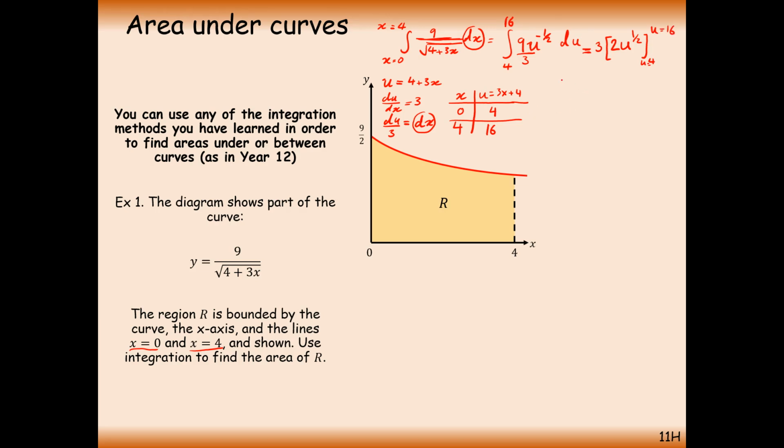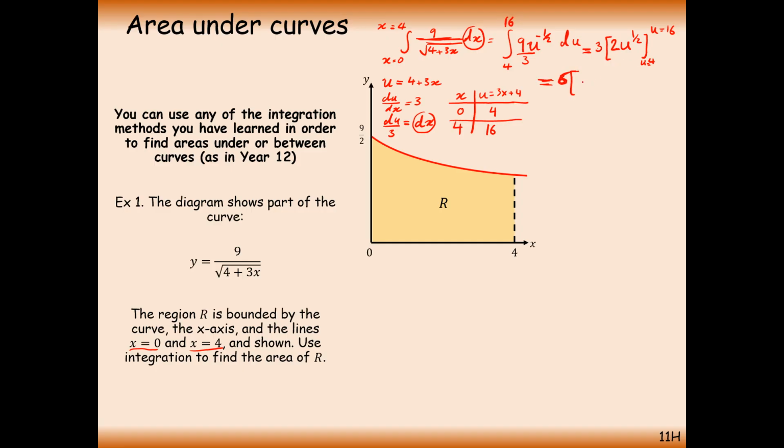Now I can substitute the limits into the definition of the integral, which is already integrated. So I will use 3 outside the bracket. Actually, let me multiply 2 by 3 and write a 6 outside the bracket.